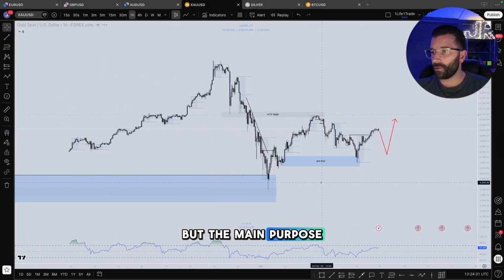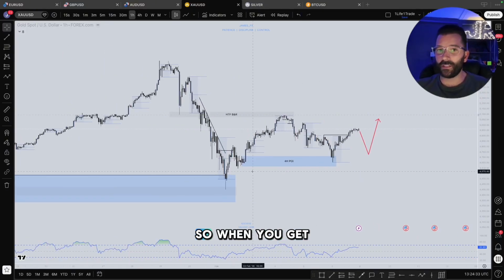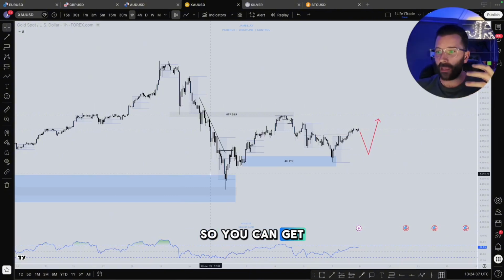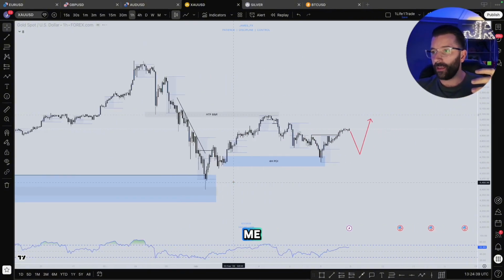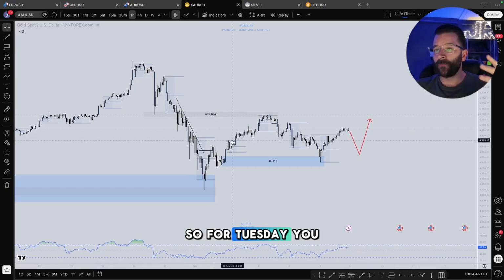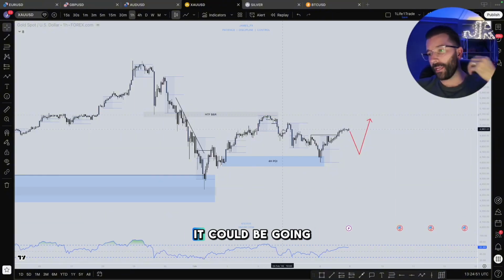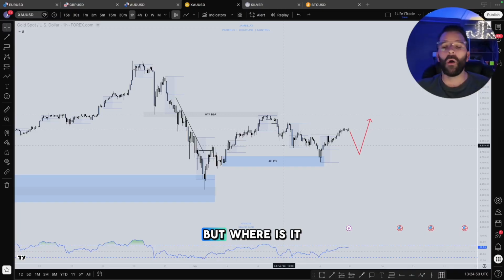But the main purpose of this video is, when you get in a trade, you want to be aiming towards something so you can get your bias. For me, I had the break and retest. It broke that high, then carried on its way. So for Tuesday, you've got a better chance thinking, okay, it could be going back bullish. And when it reacts over here and breaks some lows, it could be going back bearish. But where is it going? Is there a reason that it's going that way?